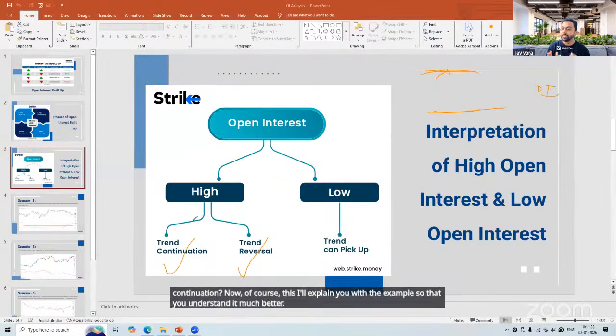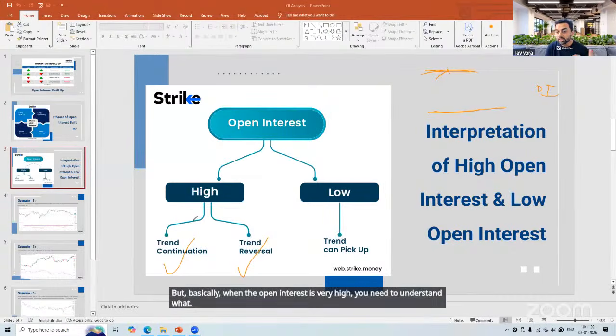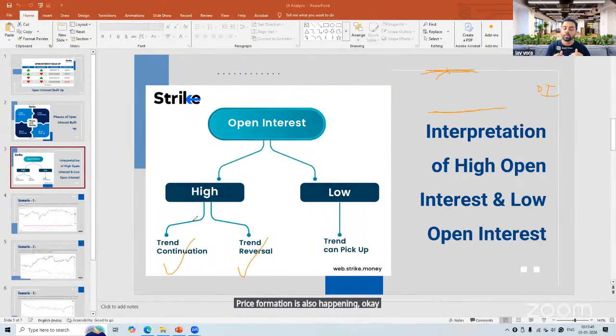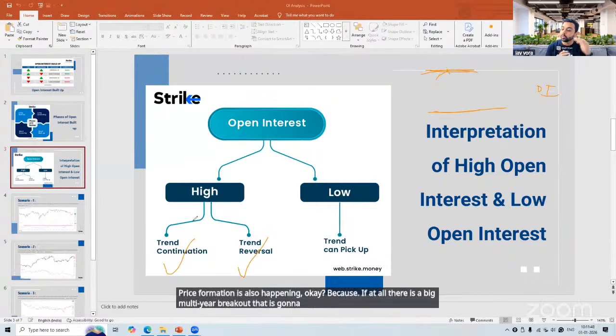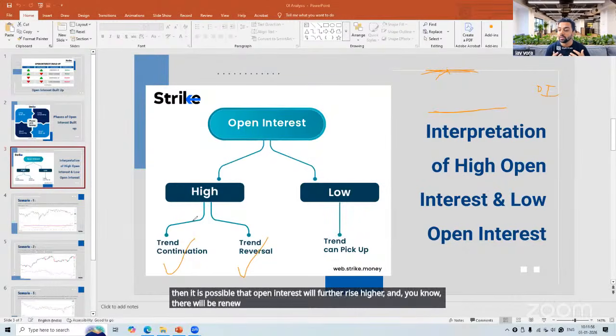But basically, when open interest is very high, you need to understand what price formation is also happening. Because if a big multi-year breakout is going to occur and the open interest is very high, then it is possible that open interest will rise higher, and there will be renewed interest in the stock, in which case you need to be with the trend.